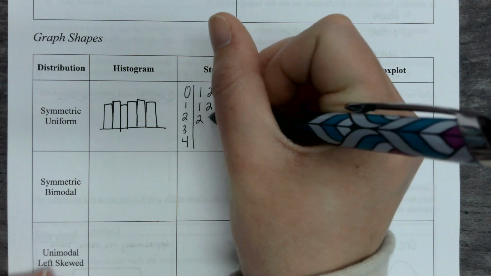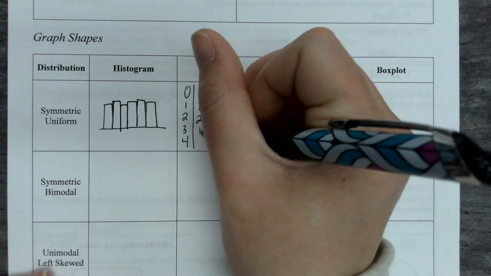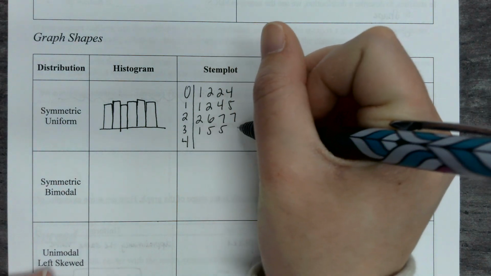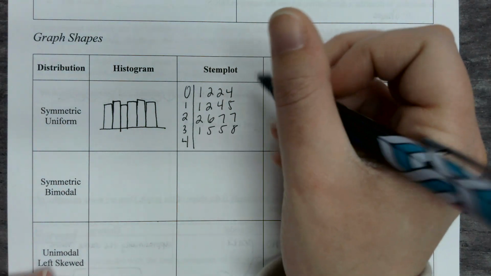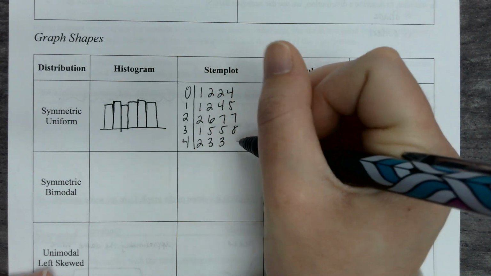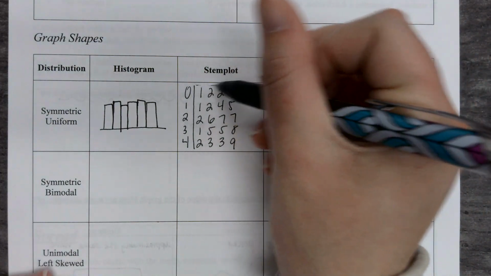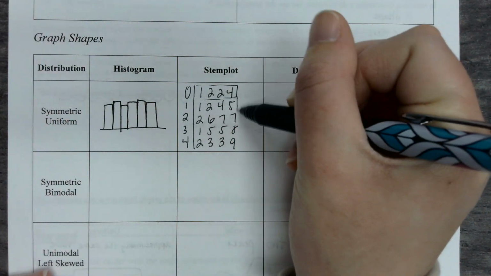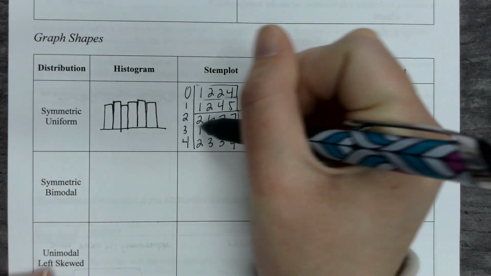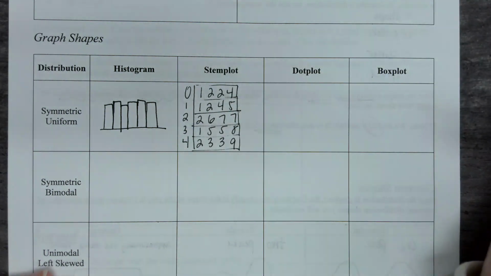Maybe I have a 22, a 26, two 27s. Maybe I have 31, two 35s, and a 38. And maybe I have a 42. I'm just making this up. You can make up whatever you want. But remember, this is like a sideways histogram where I can draw my bars and we can see that they have the same frequency in each piece.